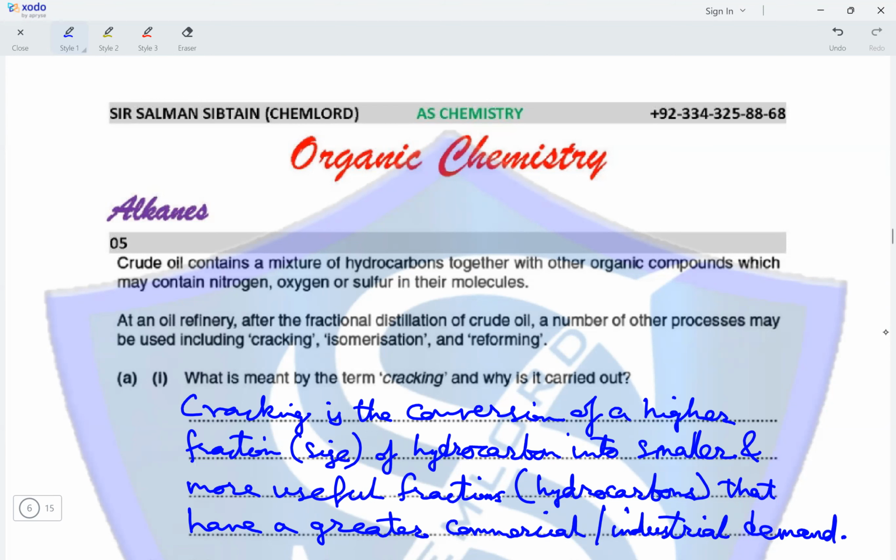So, larger hydrocarbons are broken down into the smaller hydrocarbons that are more useful and more needed commercially or industrially, so that their requirements are met. This is the process of cracking.